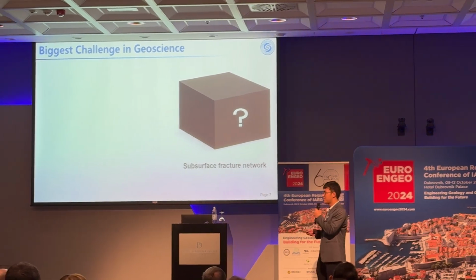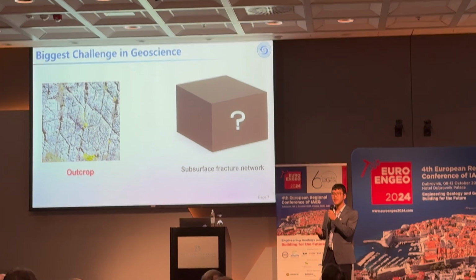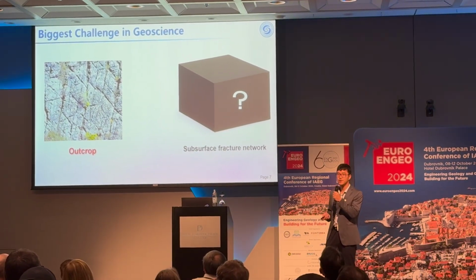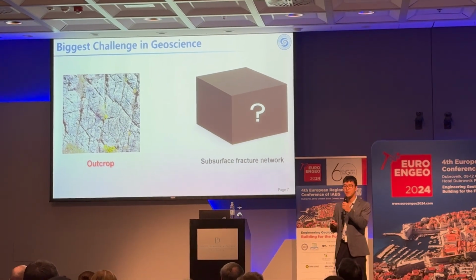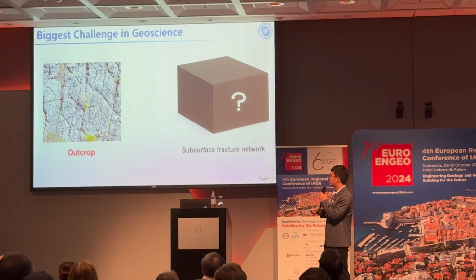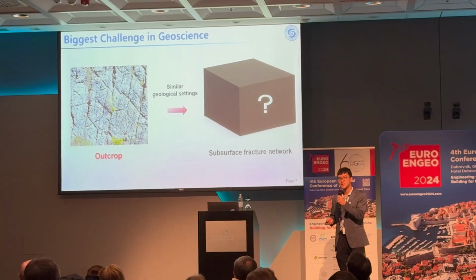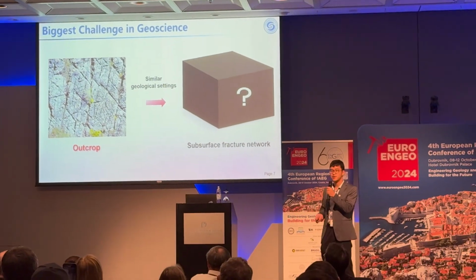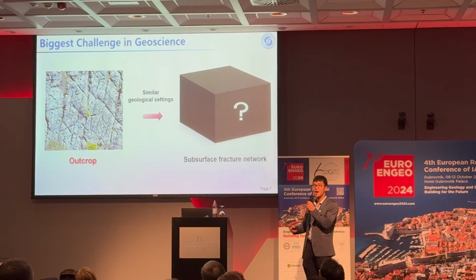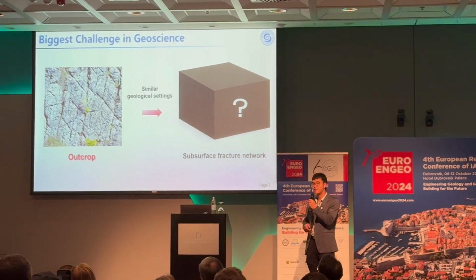So among all the methods we have, the outcrop is the most abundant and widely spread data set we can easily collect. We can collect a lot of outcrops immediately with our phones, with UAV, or with any techniques you have. But they may be different from the subsurface structures, because when the outcrops are exposed on the surface, you have upward movement, you have the stress release, you have weathering, you have a lot of things.